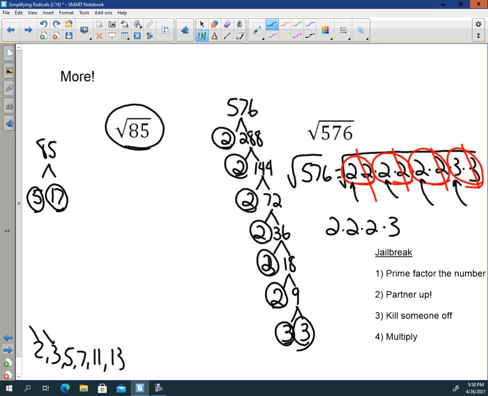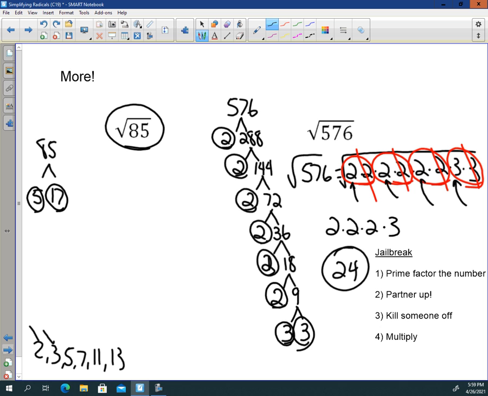And there is no radical symbol because everybody either got out or died. And this happens. So then we still multiply to simplify. We have 2 times 2, which is 4, 4 times 2, which is 8, and then 8 times 3, which is 24. And so it turns out that our answer is a whole number in this case.